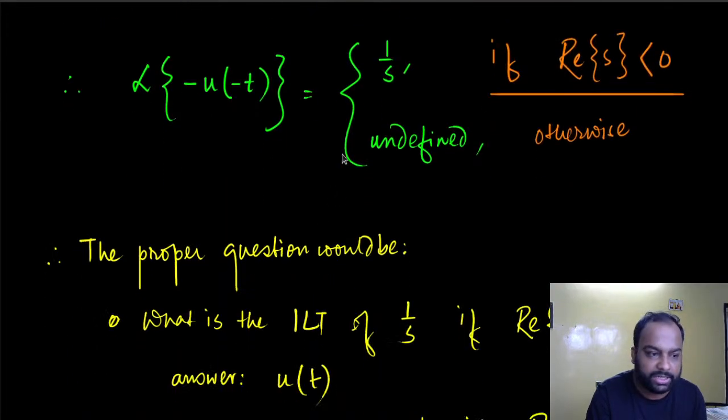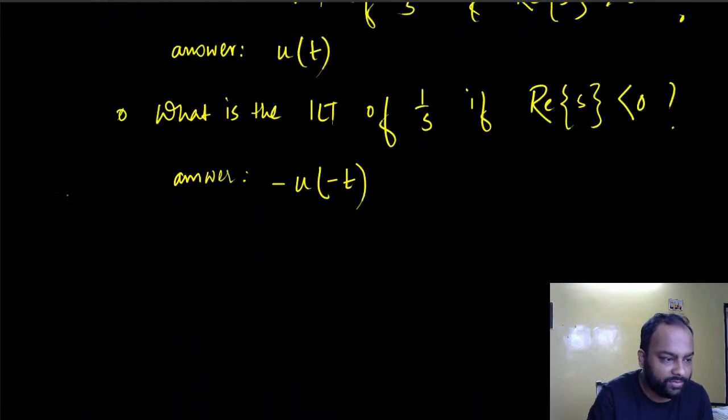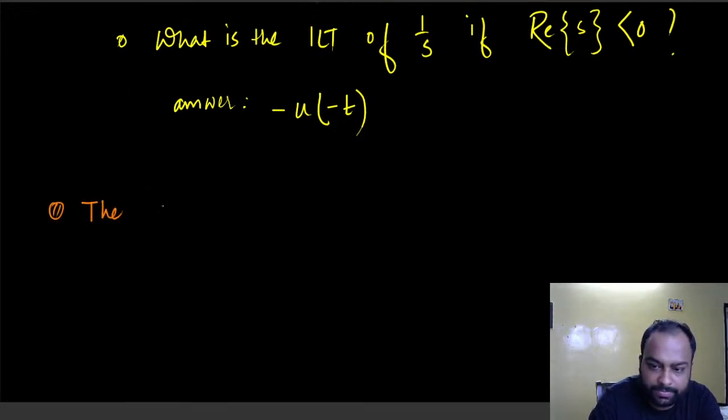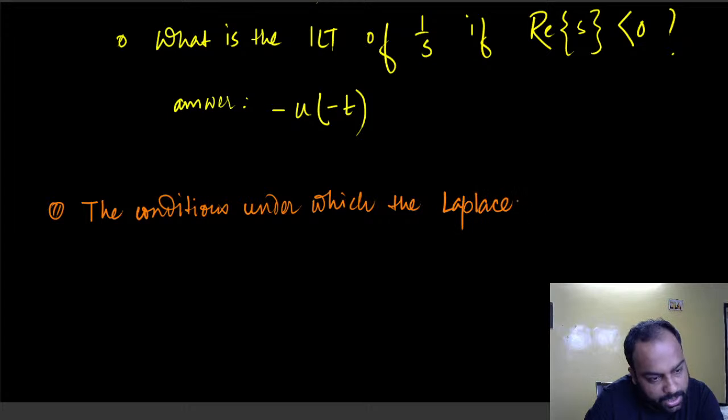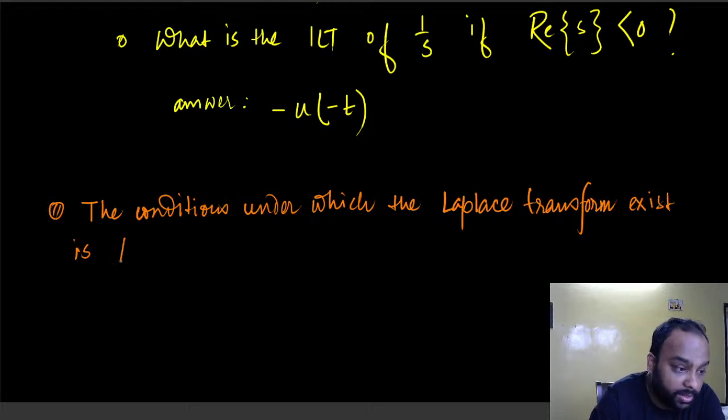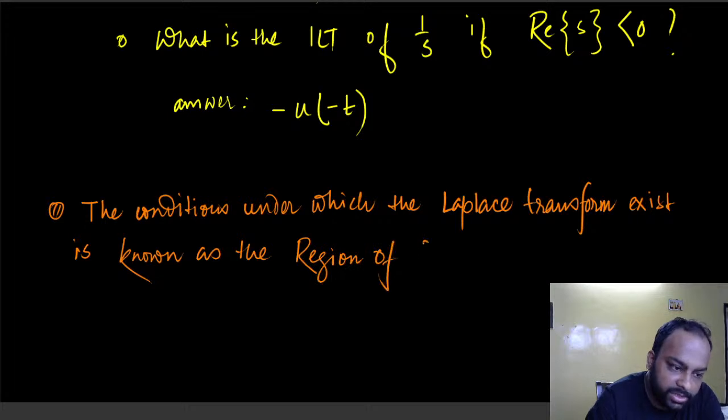The condition under which the Laplace transform exists is known as the region of convergence.